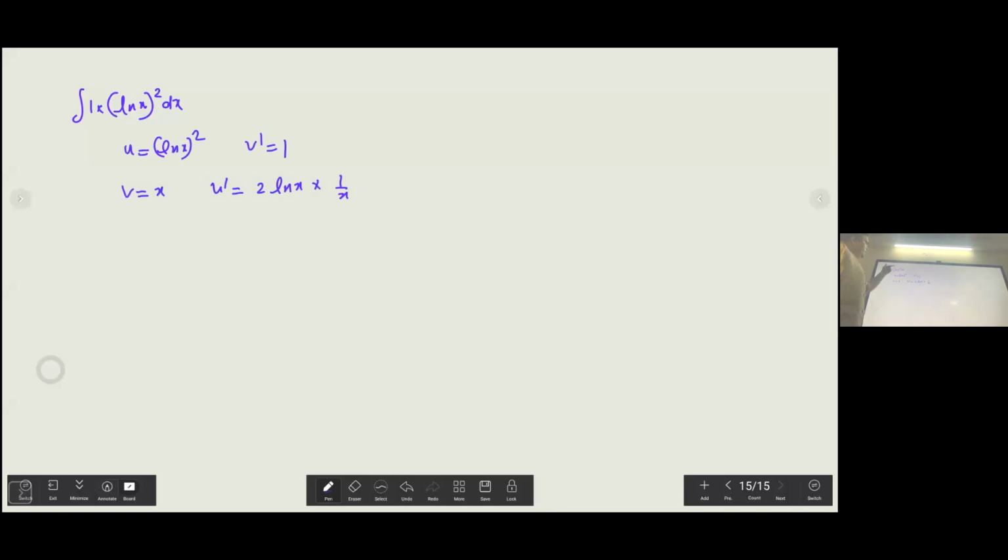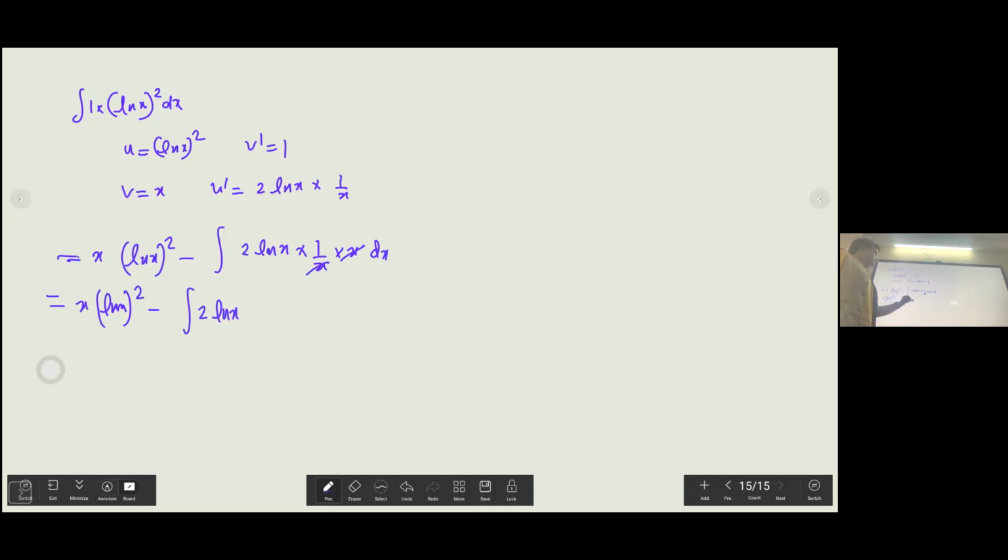So when you're integrating this now, it's going to become x times ln x the whole squared minus integration of u dash v, so 2 ln x times 1 upon x into x dx. This x and x cancel. So you get x ln x the whole squared minus integration of 2 ln x dx.